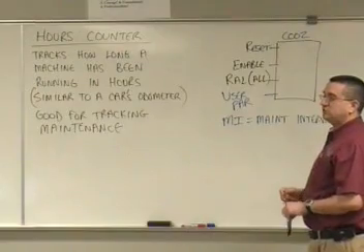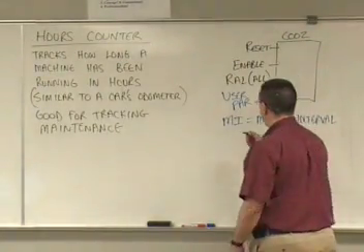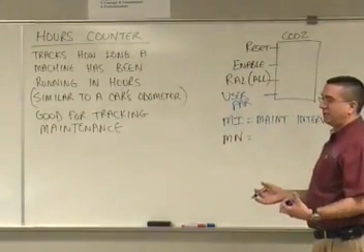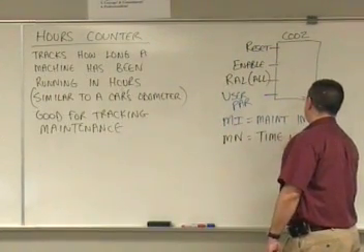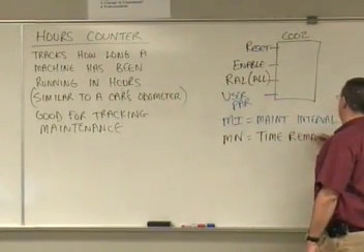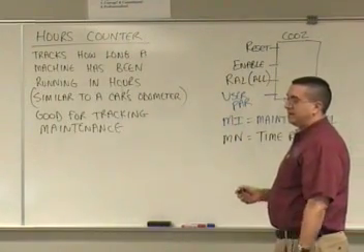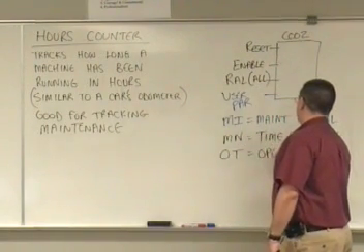Once you have a maintenance interval, you also have an MN parameter, but it's not something you can set. I call it the time remaining, or hours remaining, however you want to put it. And then the OT, which is the operating time.